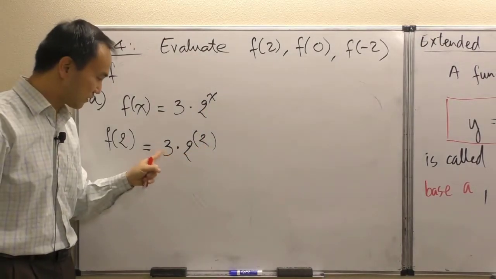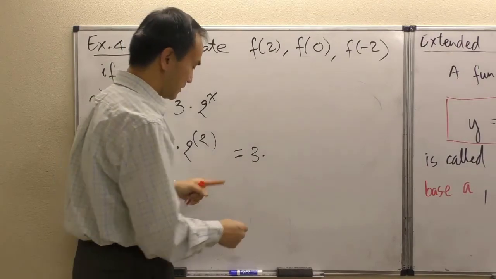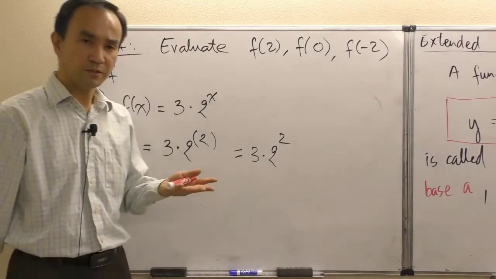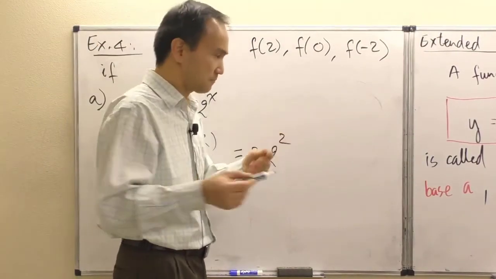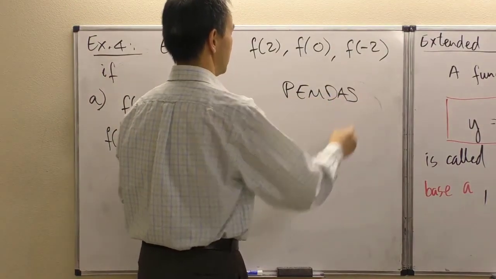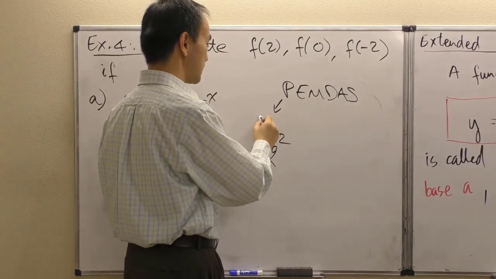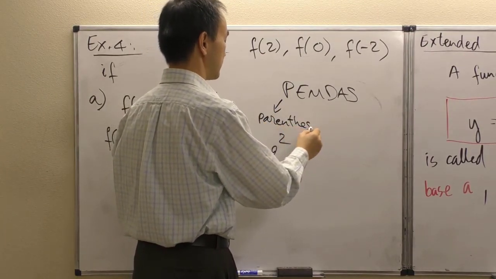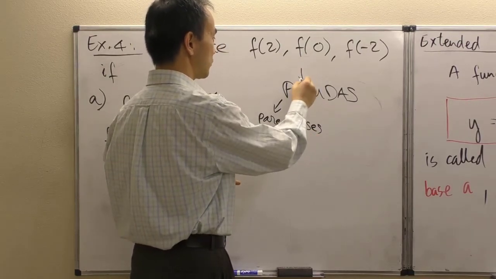Okay, so now as far as the mathematical work, 3 times 2 squared. At this point, I have to remind anyone of this famous thing, PEMDAS, the order of operations. We have to always take care of things inside the parentheses first, and then anything that's in the exponents we have to finish first.